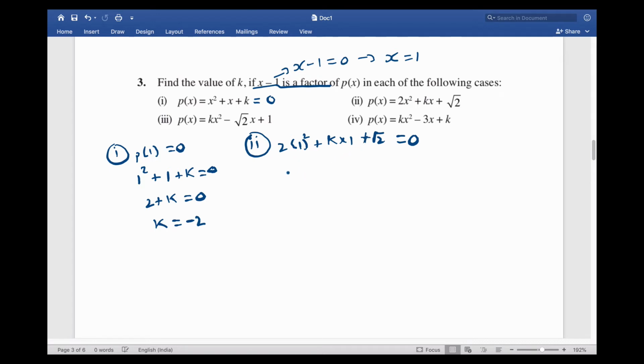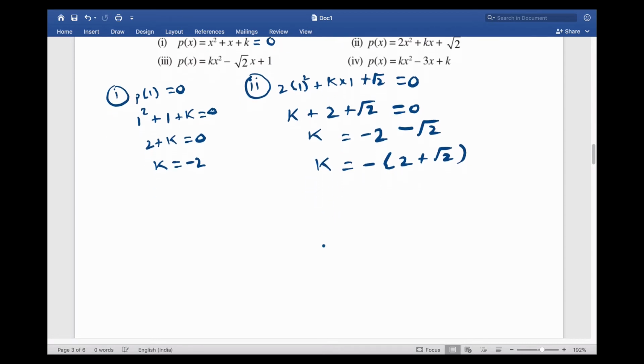So basically I'm left with k plus 2 plus root 2, which is equal to 0. So k is equal to minus 2 minus root 2. Now some people also write it by taking minus common. You can do that also. That's it for k.